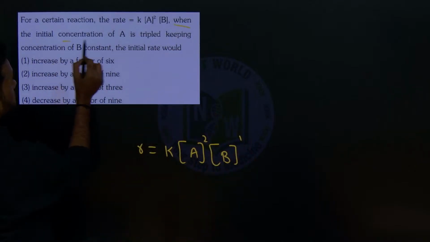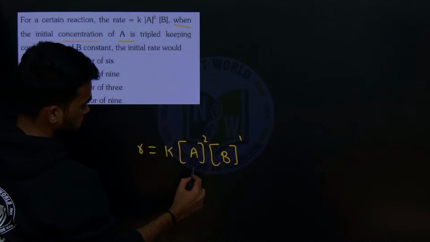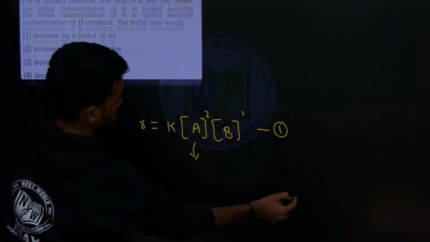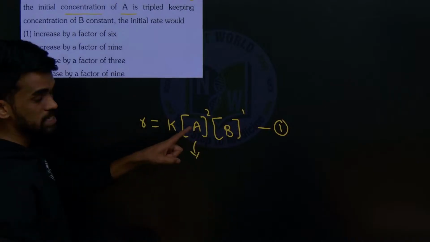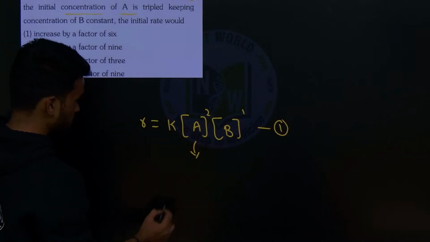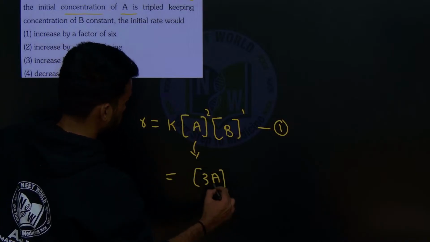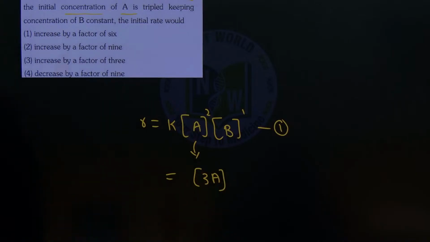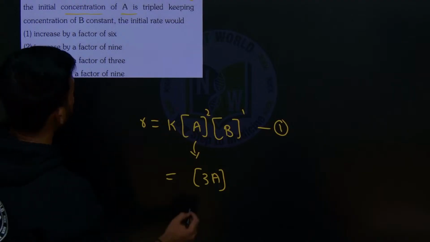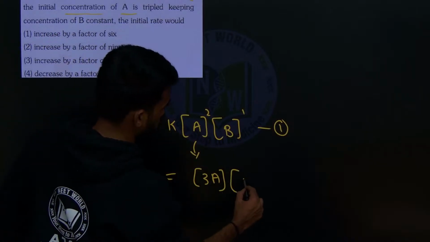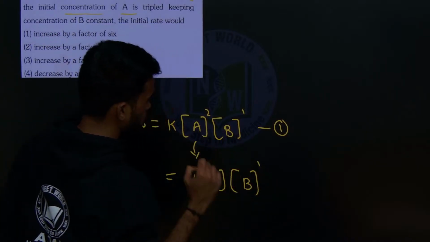When the initial concentration of A is tripled, I am writing 3A, keeping the concentration of B constant.